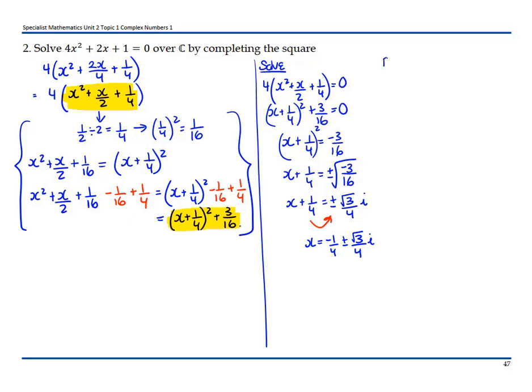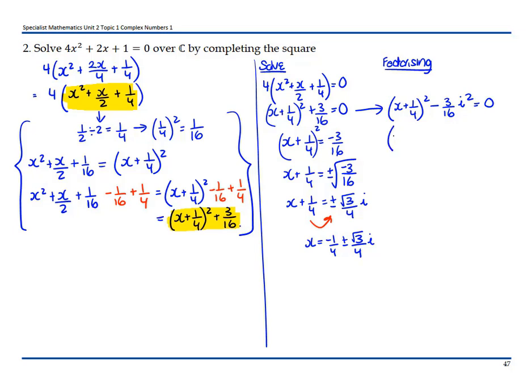Now let's do it using the factorizing method. So that would be the same up to that step there, but now I'd factorize it. So I'd have x plus 1 over 4 all squared. I need the minus, so I change it to 3 over 16i squared equals 0.